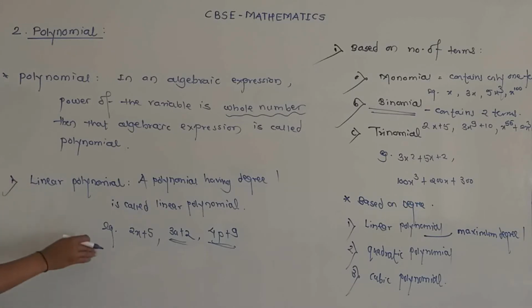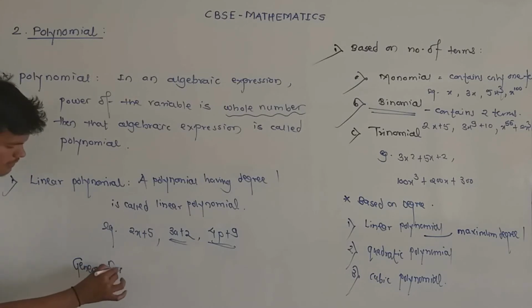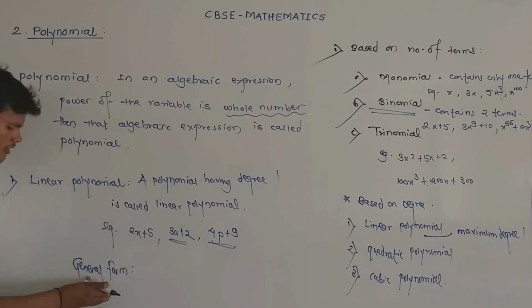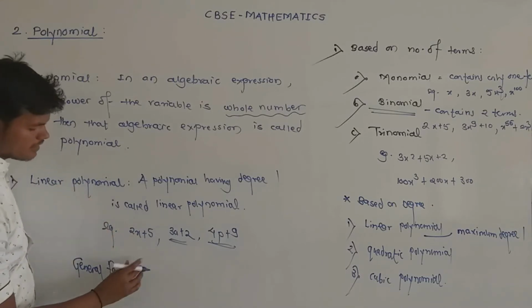So from the examples we get a general form of linear polynomial. That means from the general form we can form infinite number of examples for linear polynomial.